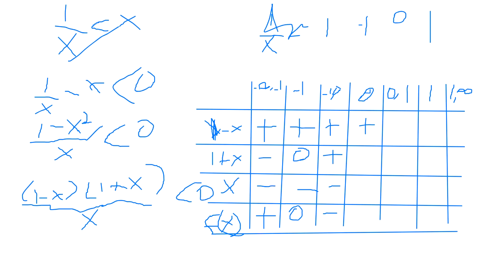If I put 0 in place of x, what will I get? 0. This is like 0 divided by 0, what will it give me? It's undefined. When you divide by 0, you get what? Undefined.